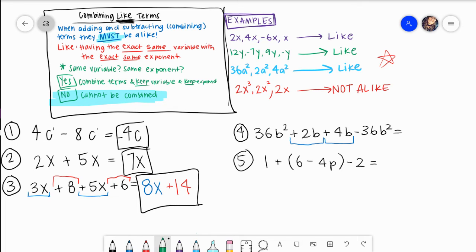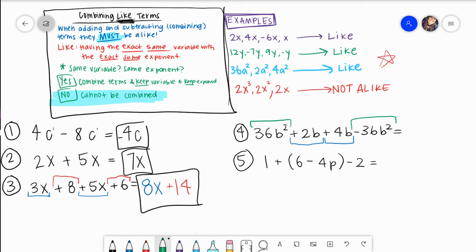Now let me look at my other terms. I noticed that this 36 has a b squared and that negative 36 has a b squared. That's why you have to make sure those signs, y'all, go with the number that it's right in front of. Okay, if you're not careful, you'll just see 36 and 36 and think, oh, wow, what does that even equal?